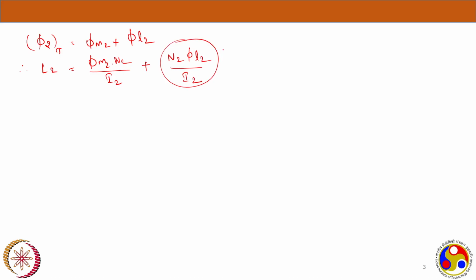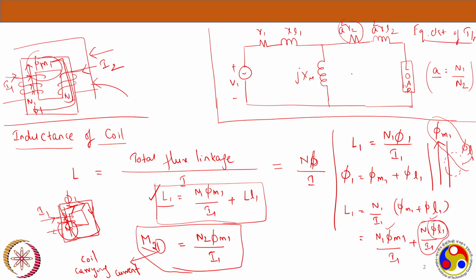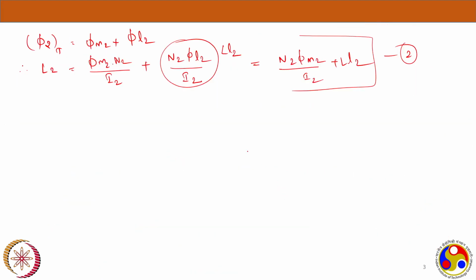This is nothing but LL2, the leakage inductance. Now if you write it in terms of total equations, L2 is equal to N2 phi M2 divided by I2 plus LL2. This is the second equation we get, and the first equation is L1. So we got the inductances of both coils.